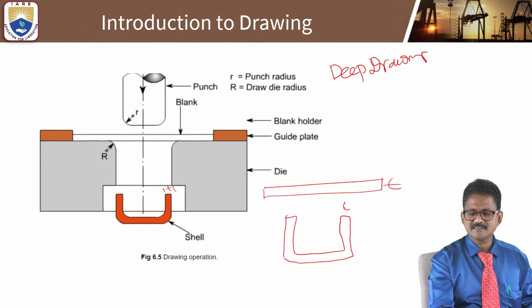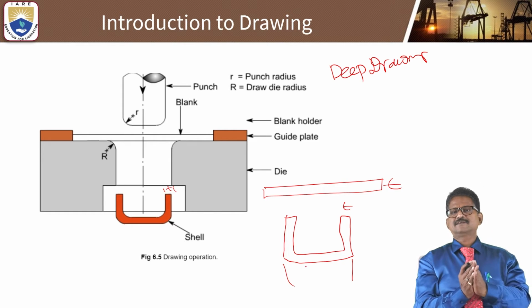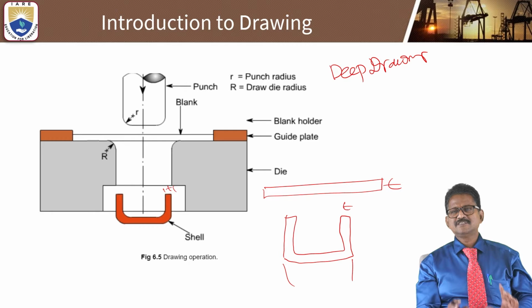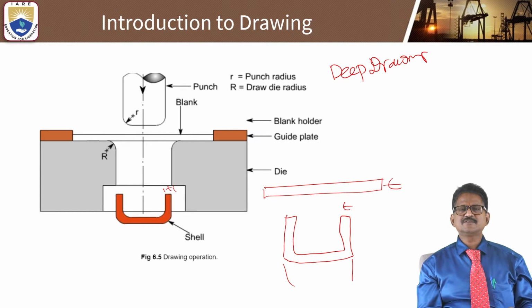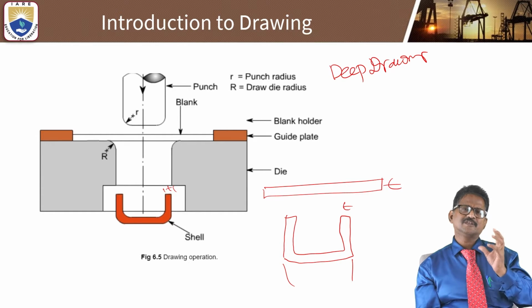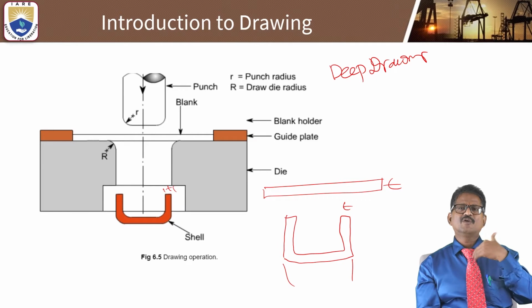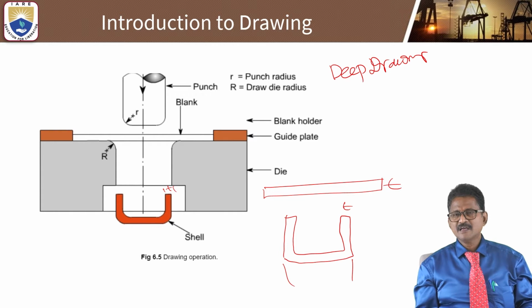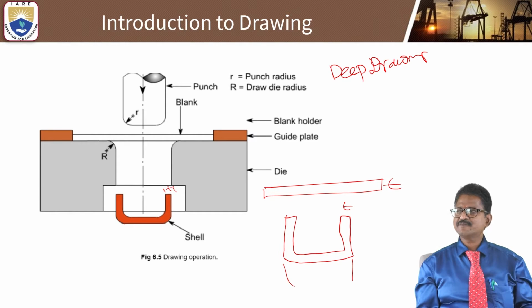This is T, and this is how we can bend effectively with this drawing process. With this basic fundamental concept, we will discuss in detail how to determine the drawing force and what clearance is to be added for the punch or die. These types of problems are very important for the GATE examinations and some other competitive examinations also.